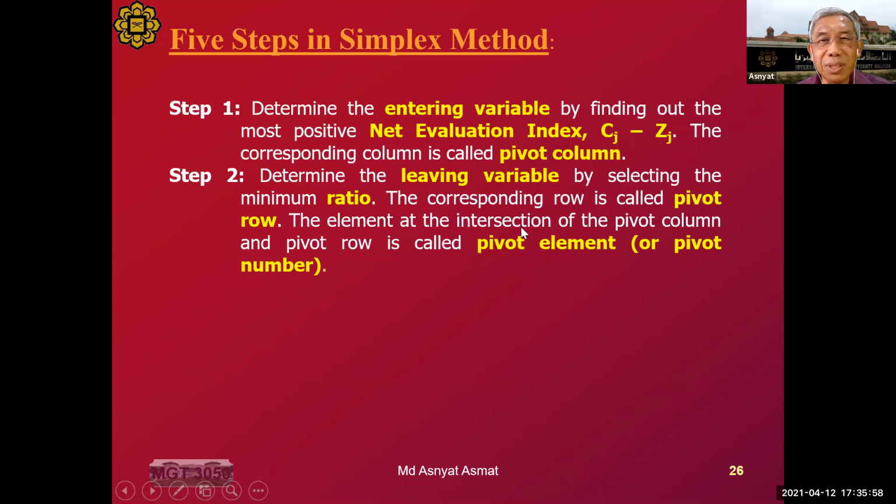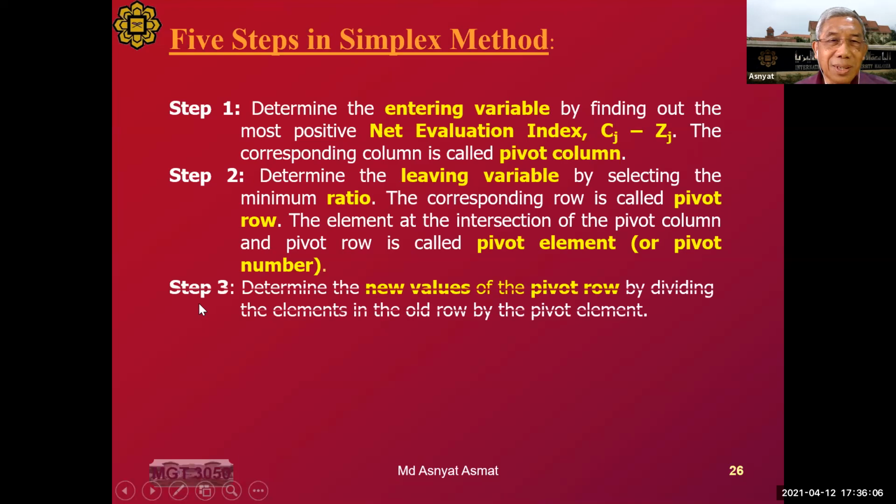The element at the intersection of the pivot column and pivot row is called pivot element or pivot number. The next one, we are going to find the new value of the pivot row. We are going to calculate the new coefficient of the pivot row by dividing the elements in the old row by the pivot number or pivot element.